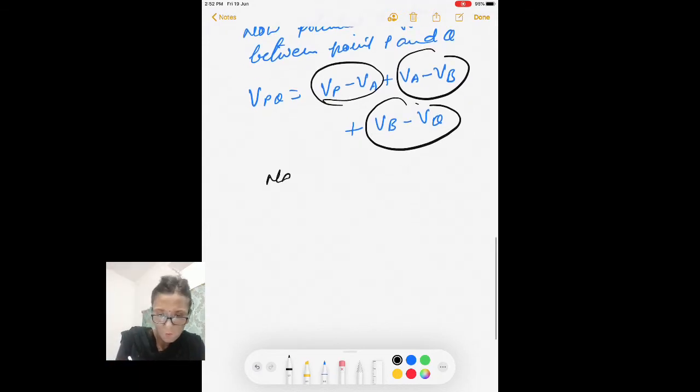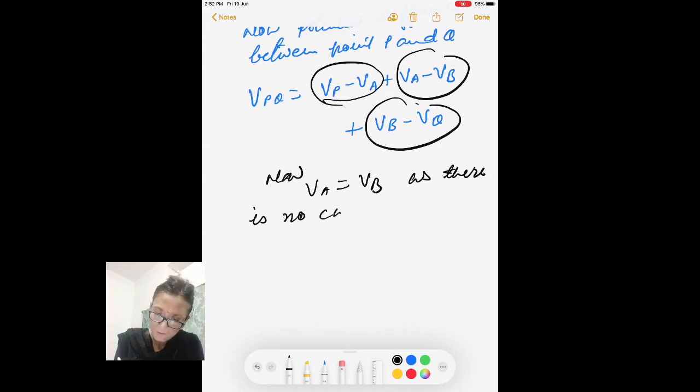Now VA is equal to VB as there is no current flowing in open circuit.